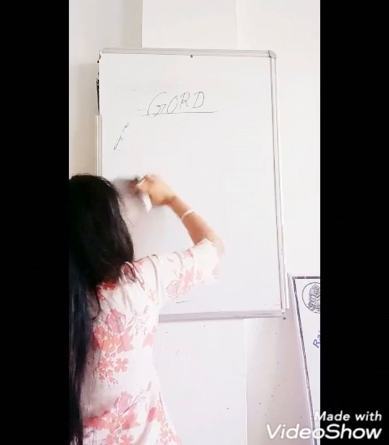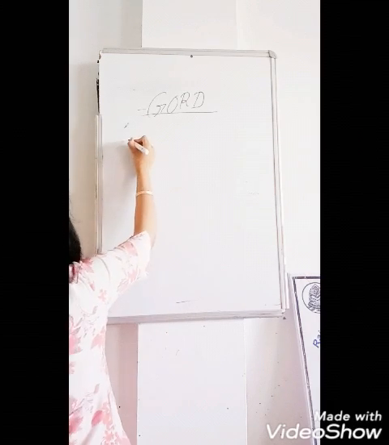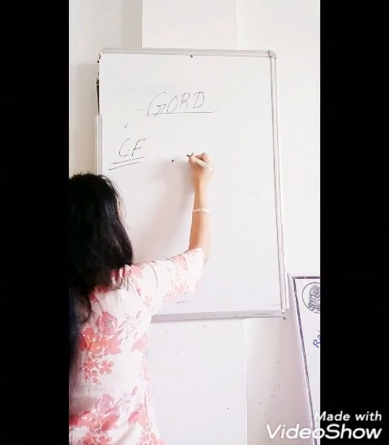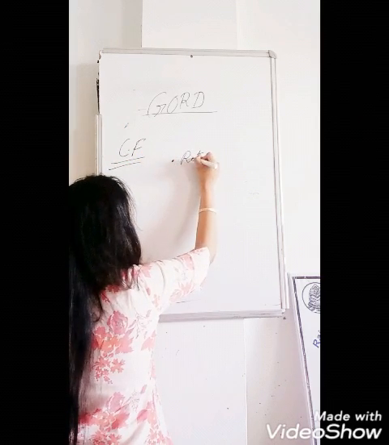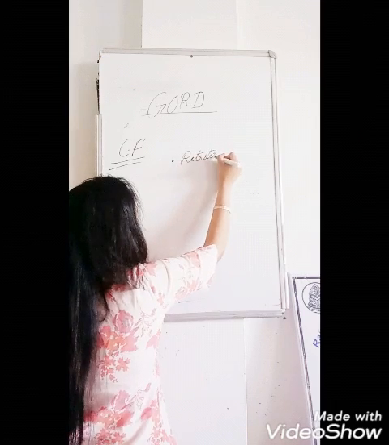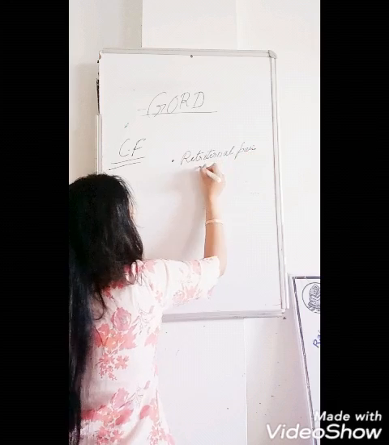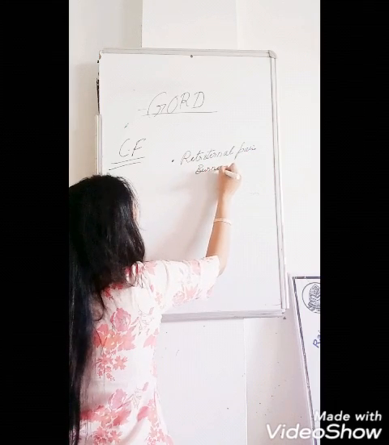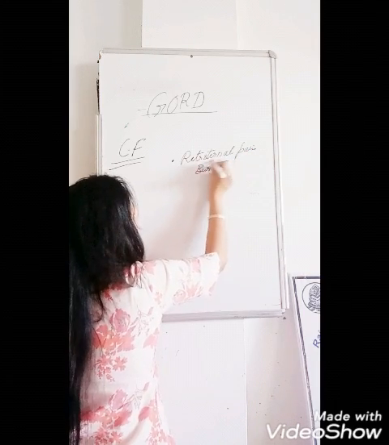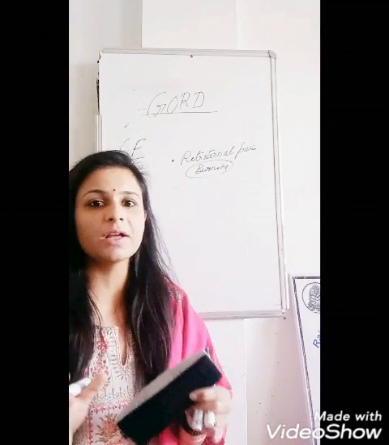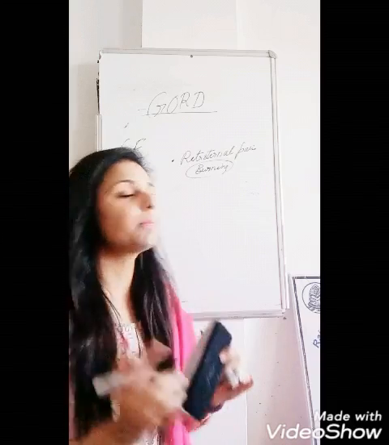Now just understand the clinical features or the symptoms. So the important symptoms are, there is retrosternal pain. That pain is burning pain. And this burning pain often gets confused with the pain of angina pectoris.